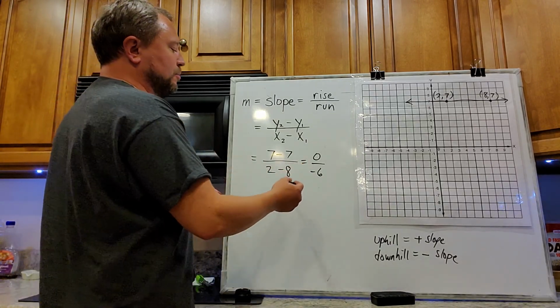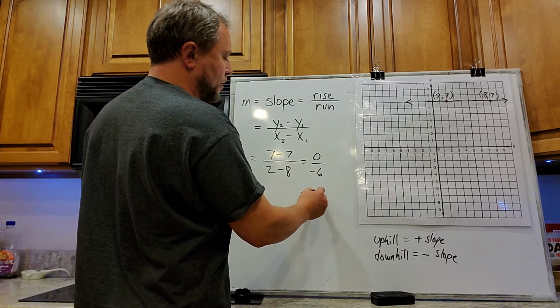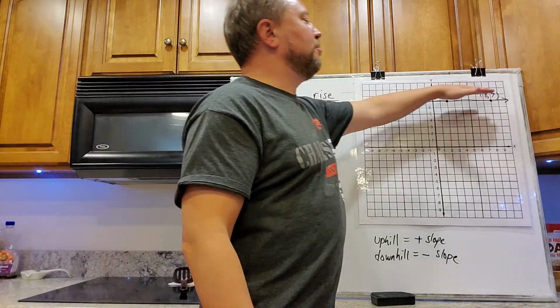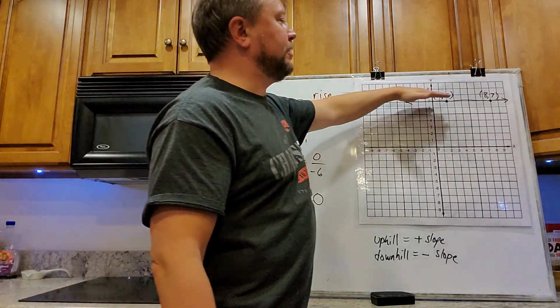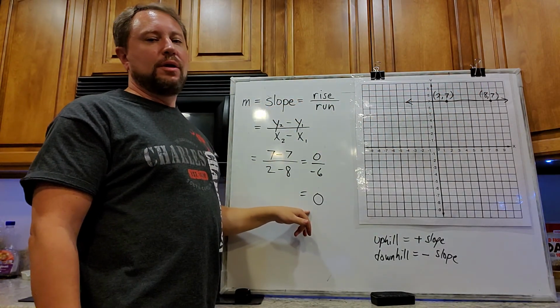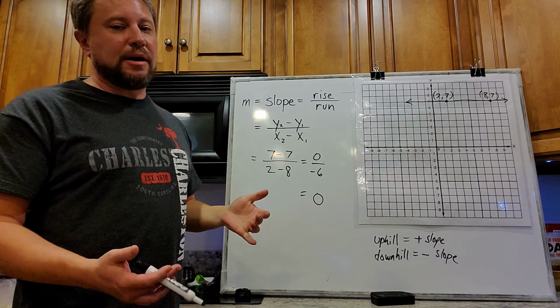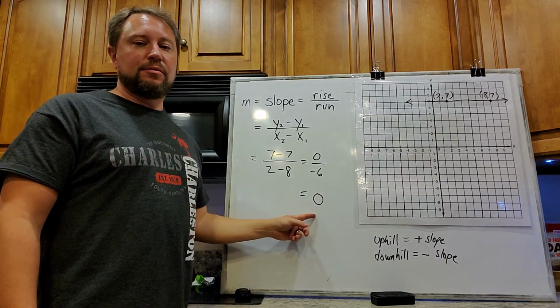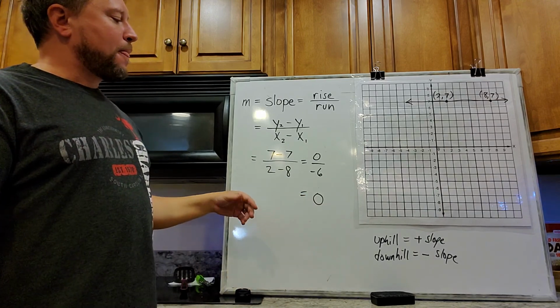You always get the same result. You get 0. Okay, so a perfectly horizontal line like this is always going to have a slope of 0. Don't say that it doesn't have a slope. It does. It has a slope. It's just 0.